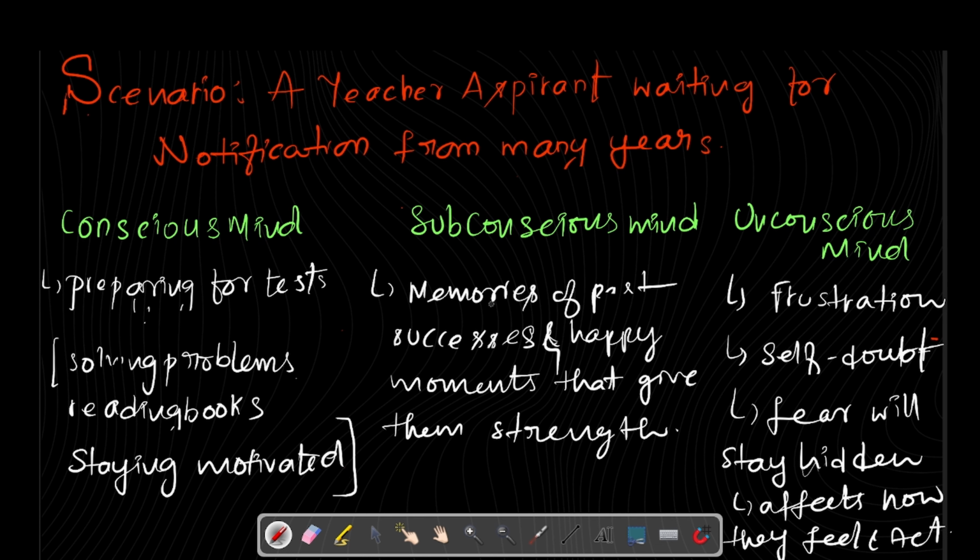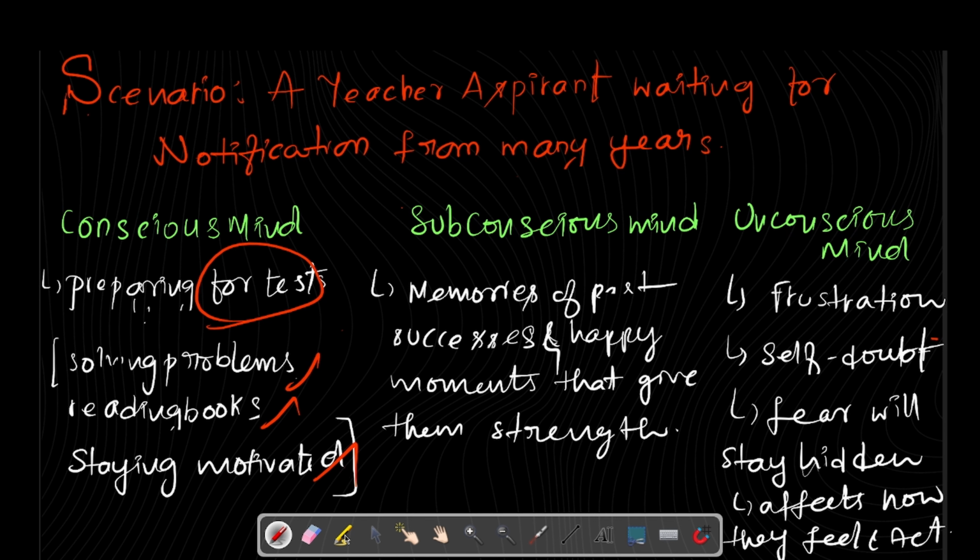So what does the conscious mind do? They are preparing for the test, completing the syllabus, solving problems, reading books, and staying motivated. All these things run in the conscious mind. Sometimes the subconscious mind activates, like memories of past successes and happy moments that give them strength, isn't it?